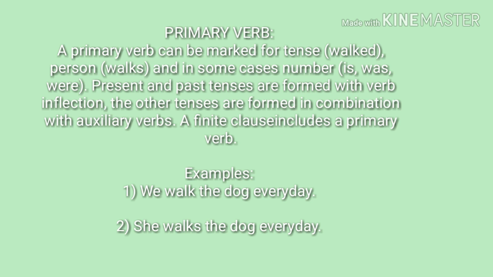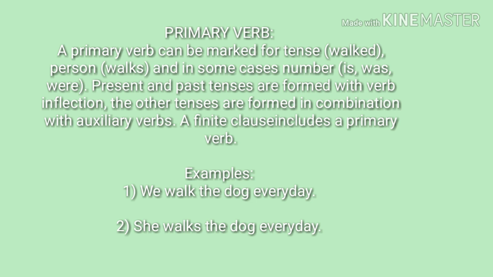For example, walked or walks. We are going to add a suffix at the end of the verb, like walked. We add ed at the end of the verb and it forms the past tense. And we add s at the end of the verb to make present tense.